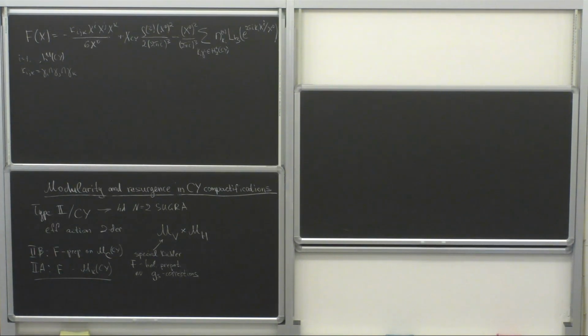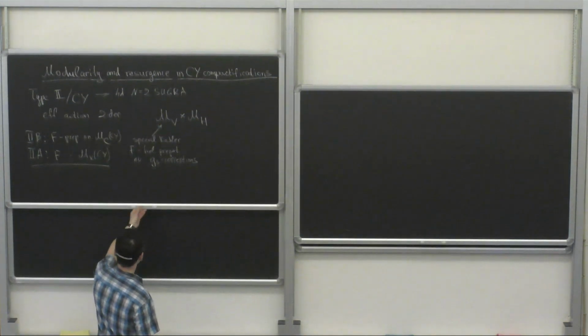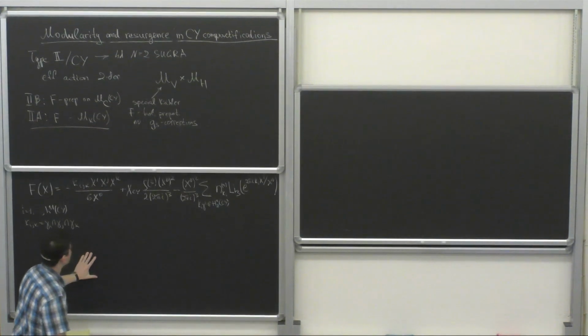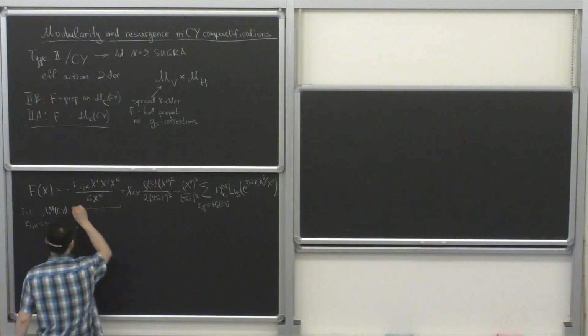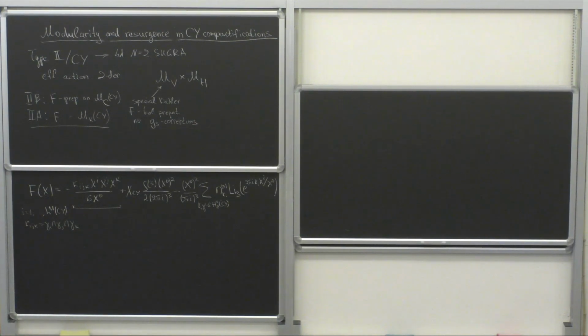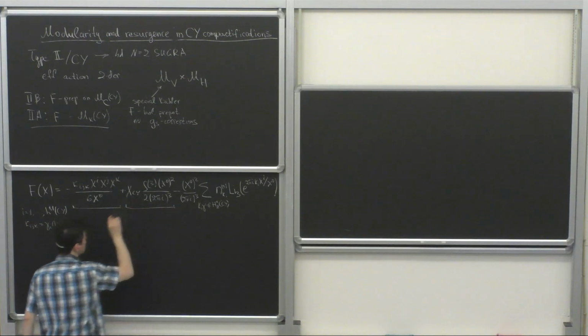And so we see how it looks. It has essentially 3 pieces. The first piece is just classical, a contribution which you can derive just by doing Kaluza-Klein reduction on the Calabi-Yau. Then there is a contribution from the perturbative alpha prime correction.